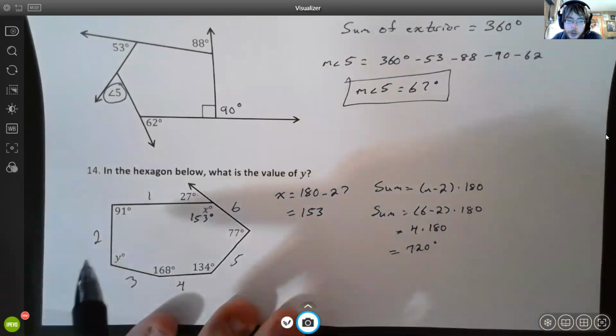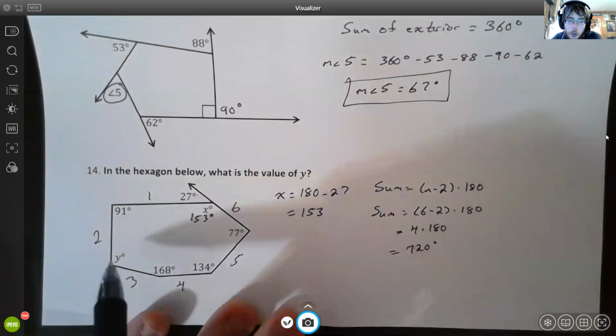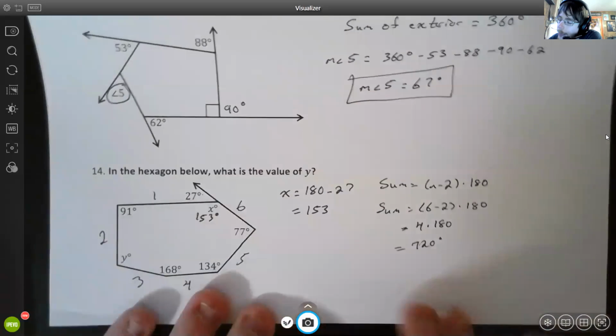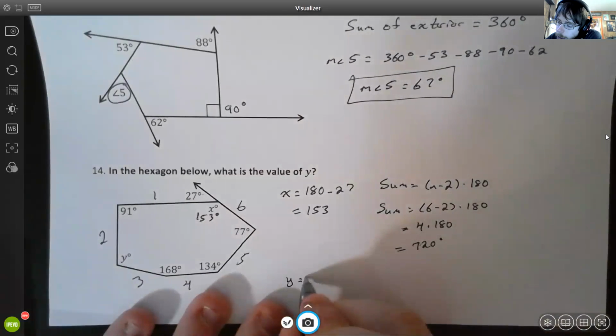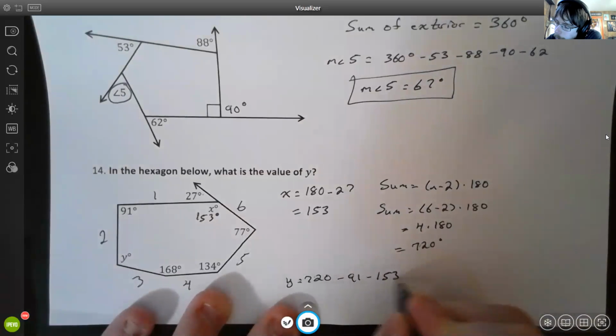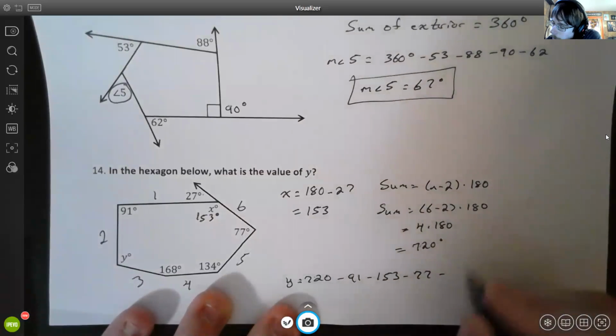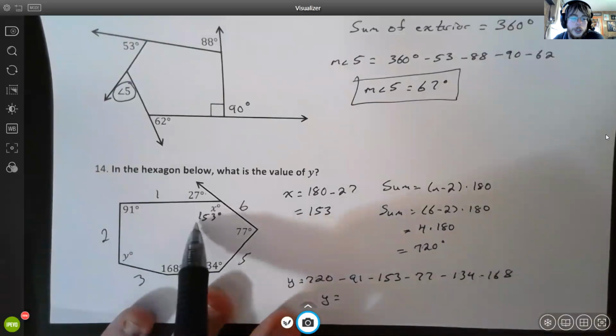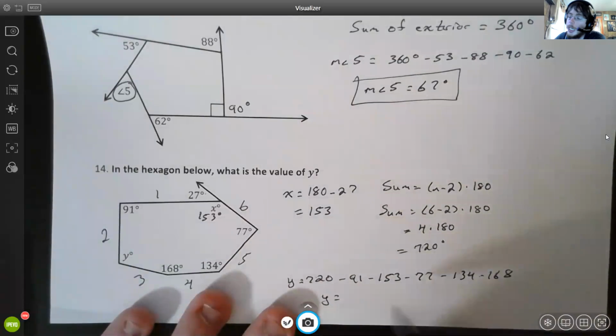degrees. So in order to find y, we can subtract all of those angles from 720, and that's what we're going to do. So we take 720 and subtract 91, subtract 153, subtract 77, subtract 134, and subtract 168. Now you could go ahead and just add all the ones you do know and then subtract them all in bulk.